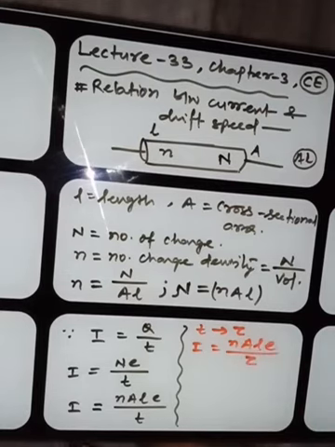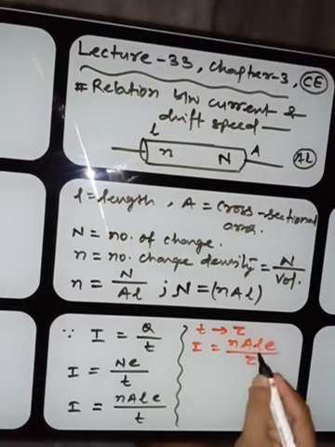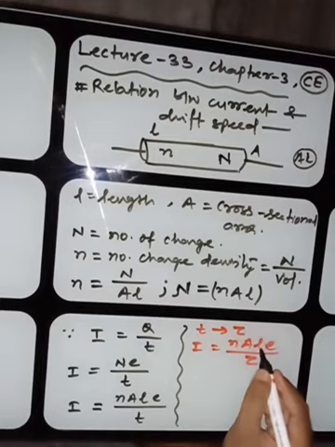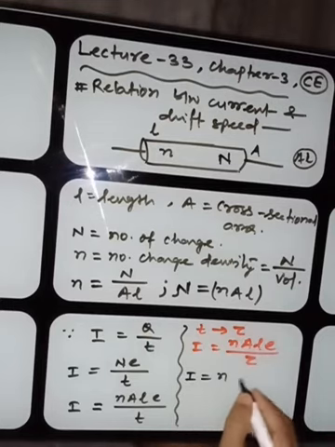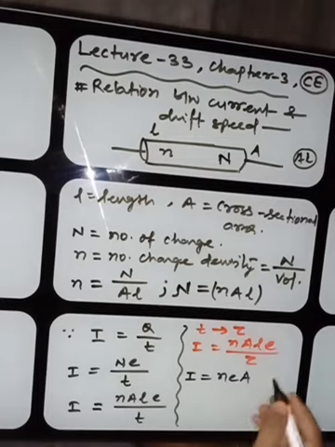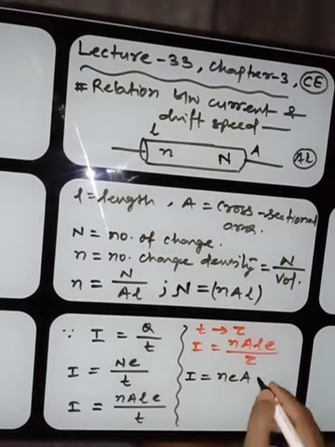The total distance the charge has to travel is L, that is, the charge has to drift by L. Then this I can be written as n e A, and this L by tau, that is length by time, will be a speed, and that speed is nothing but the drift speed.